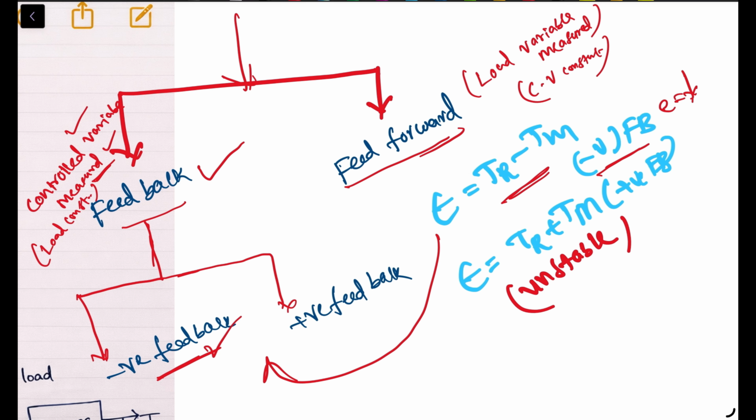Then we have positive feedback. The second type is positive feedback, remember always. Here the error is calculated as E = TR plus TM.